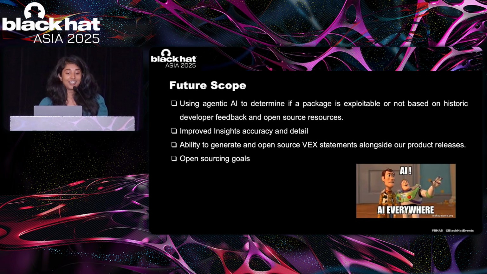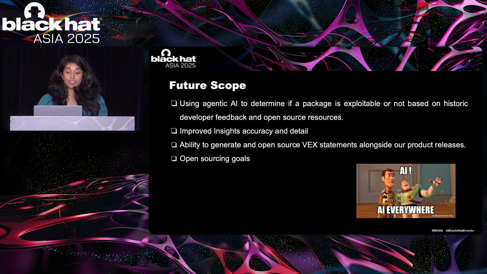With that, our future scope is that we want to use agentic AI. Like I said, I mentioned a lot of data and context, so I think it makes a great use case for agentic AI, where we feed all of this data in and all the context that we are building, and finally determine if a component is exploitable or not in our product.